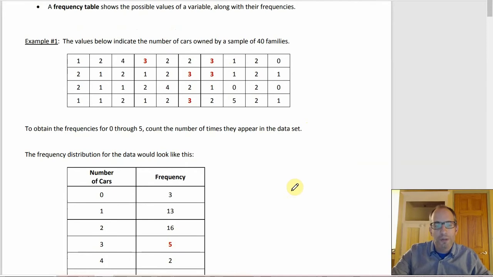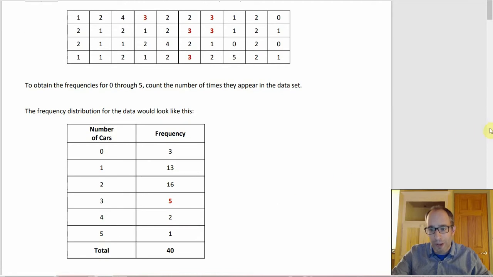So the way that you would make the frequency distribution table is to comb through here and figure out what values show up. Clearly they're all integers that are single digits, but we do have 0, because there are a couple of them showing up. 1, 2, 3, 4, and 5, because there's a 5 right there. And there's nothing bigger than 5. So our values for the number of cars are 0, 1, 2, 3, 4, and 5.